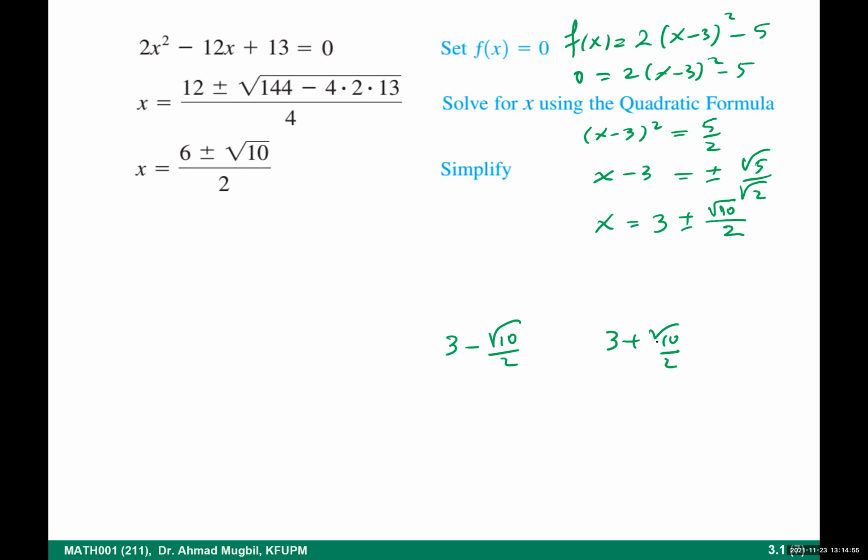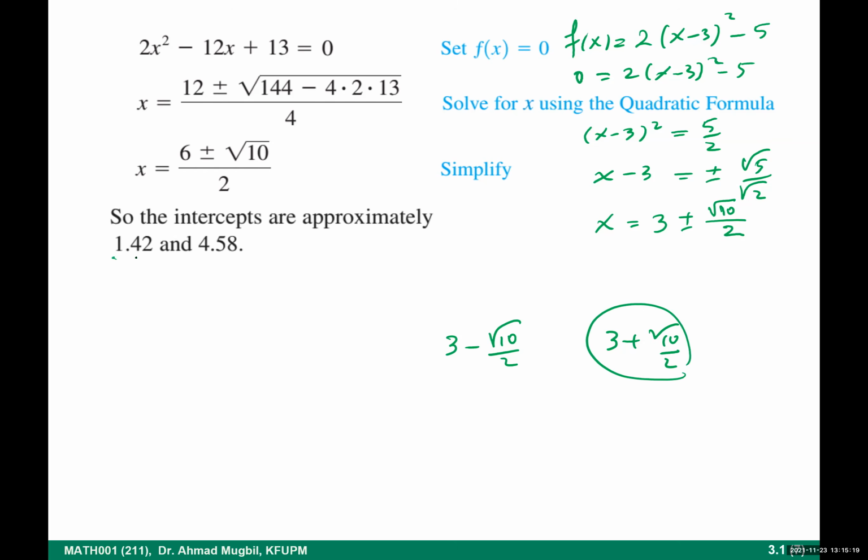You can approximate them if you want to sketch the graph, and just roughly speaking, we can, of course, sketch the graph. The square root of 10 is 3 point something, divided by 2, let's say 1.5 or 1.6, like that. Plus 3, this will be 4.5, and this will be 1.5, something like this. Here it is approximately.